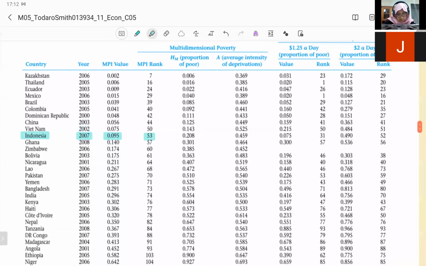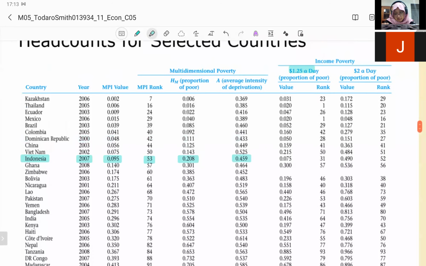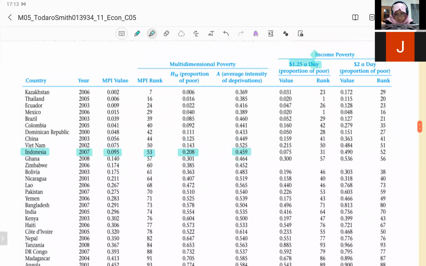And then our proportion of poor, or the headcount ratio, is 0.208, and then the average intensity of deprivation is 0.459, and then our proportion of poor with the 1.25 a day base. This is the income poverty. Meanwhile, this is the multi-dimensional poverty.